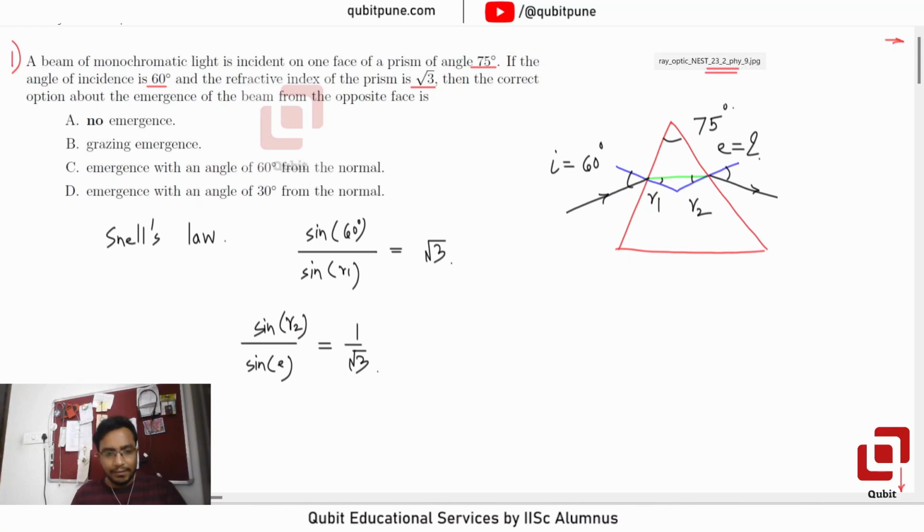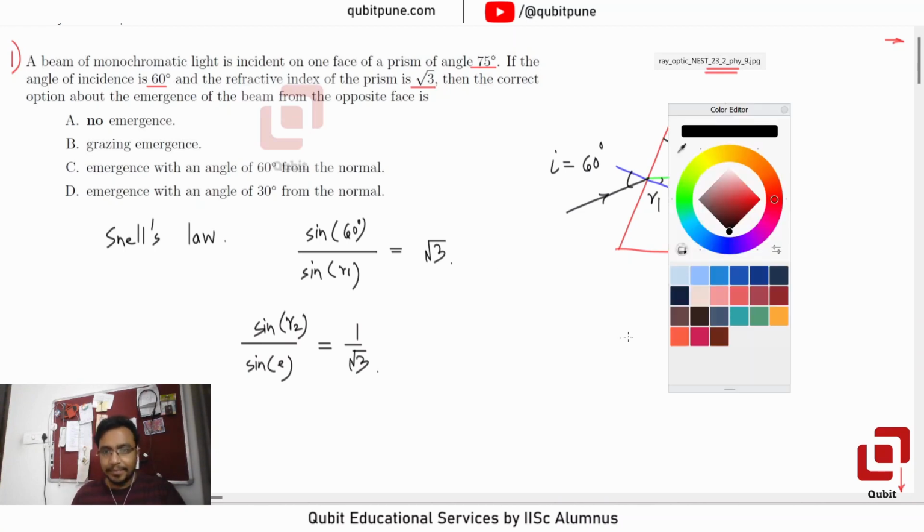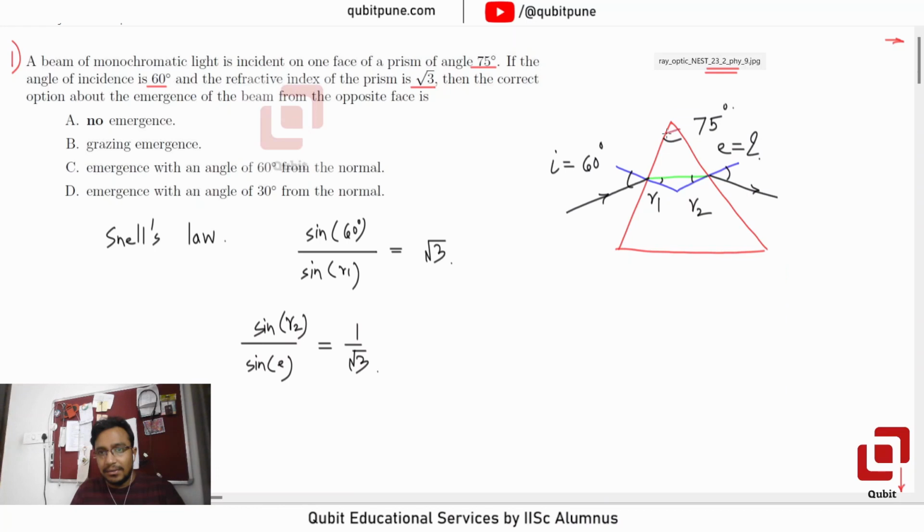Look, if you consider this quadrilateral, the one which is formed by the two normals and the two faces of the prism, because these two angles are right angles, 75 degrees plus this angle, let us call it alpha, 75 degrees plus alpha is 180 degrees, correct?